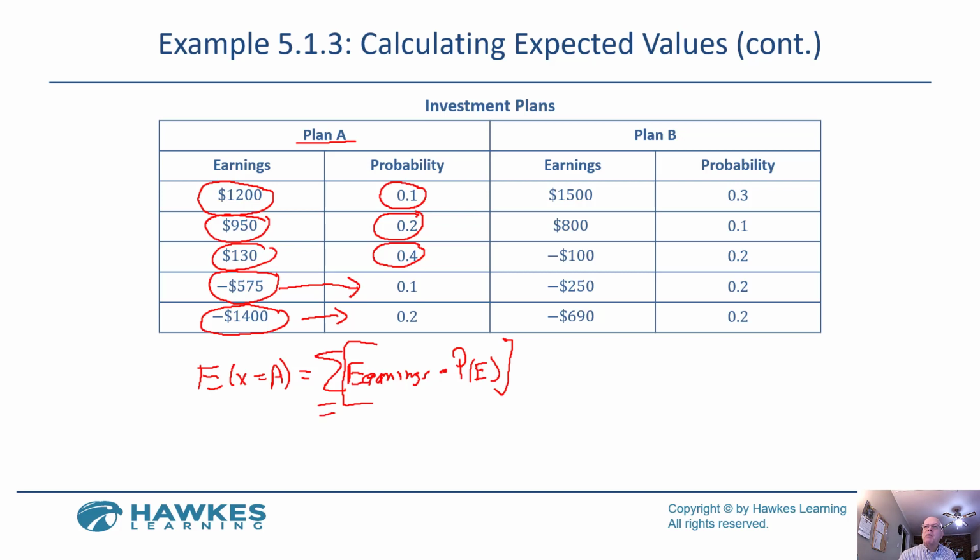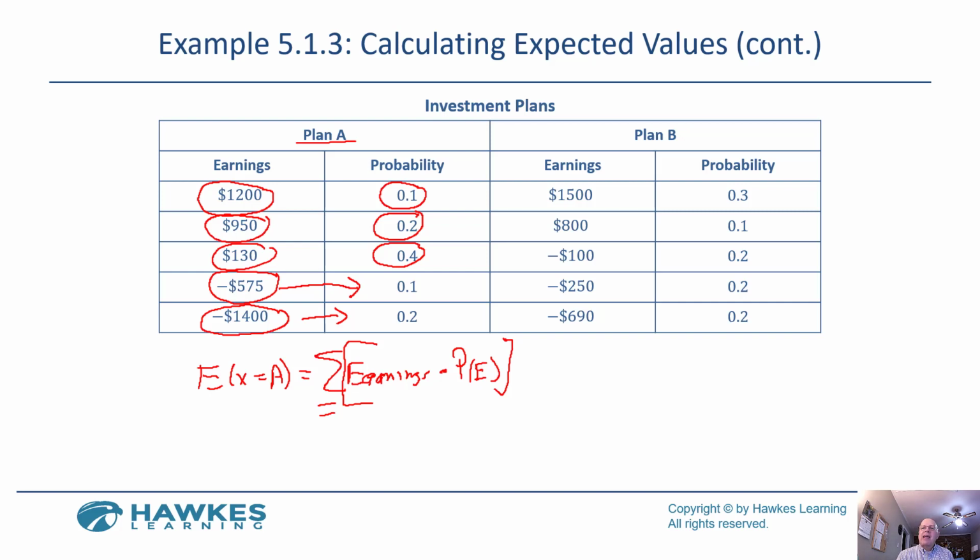For plan B, we'll do the same thing. You can earn $1,500 in this one 30% of the time, $800 10%, and so on. Multiply this times this, 800 times 0.1, negative 100 times 0.2, and so on.